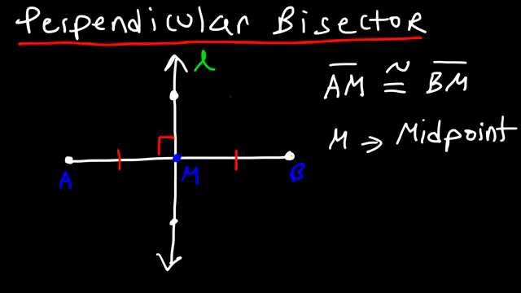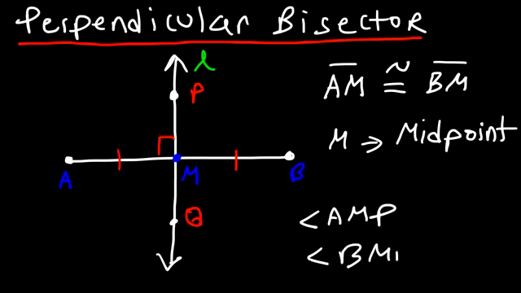Let's call this point P and point Q. So we could say that angle AMP and angle BMP are right angles. So perpendicular bisectors are lines that bisect a segment into two equal parts, and they form right angles with that segment.